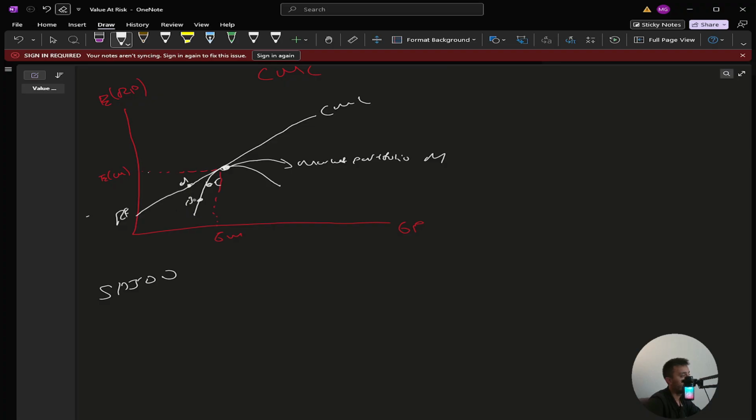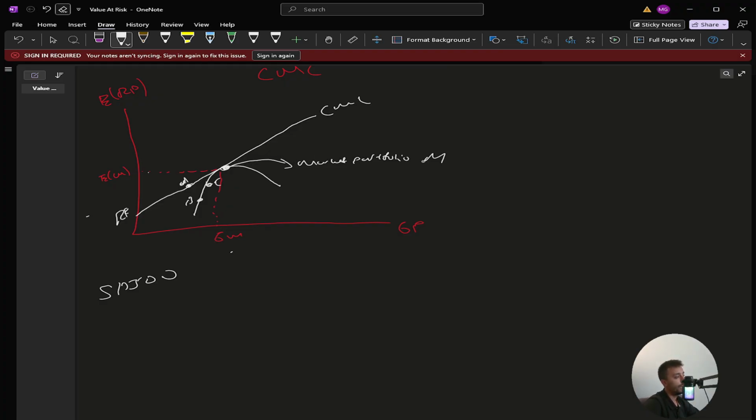This is the risky asset, which may be located at point A on the capital market line. This is the risk-averse portfolio and risk-averse investor, and this is the market portfolio.